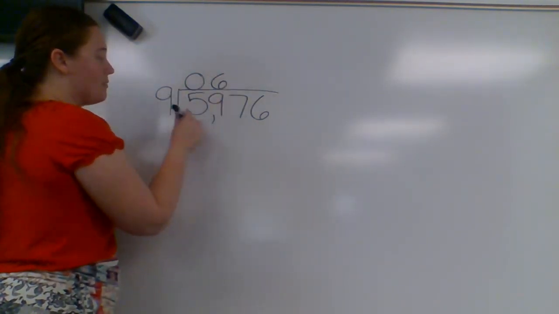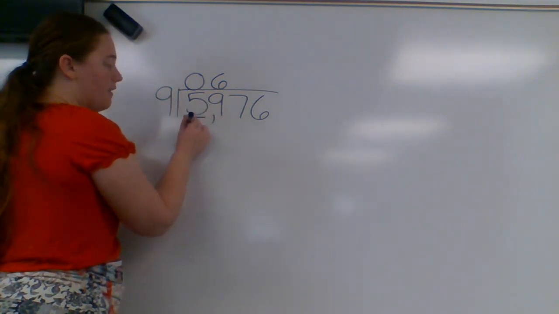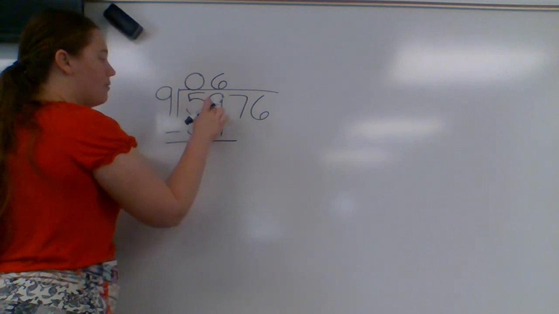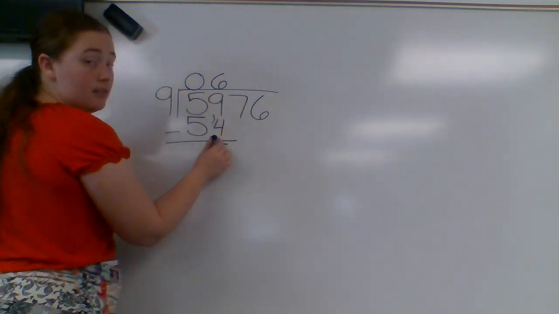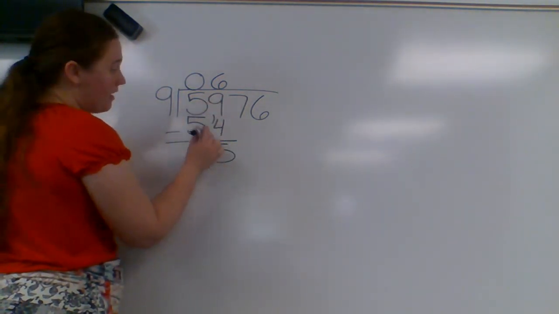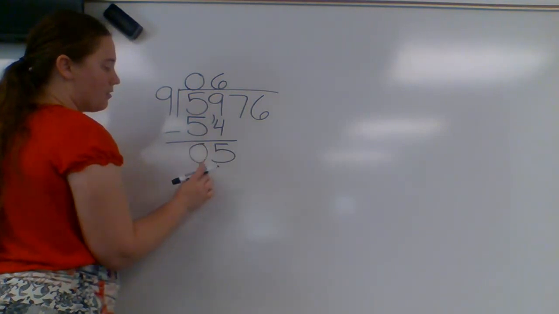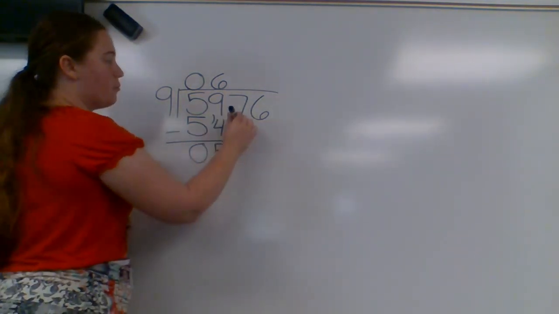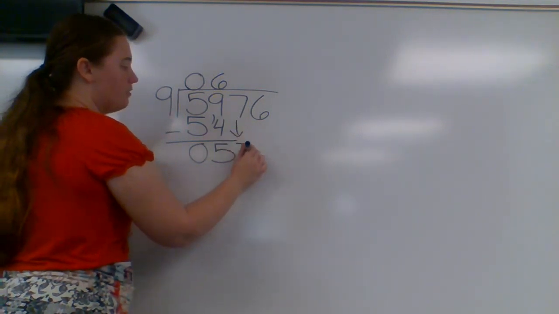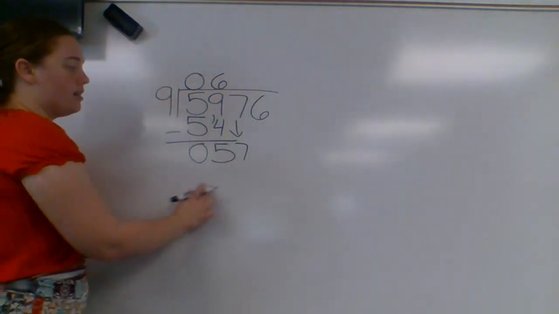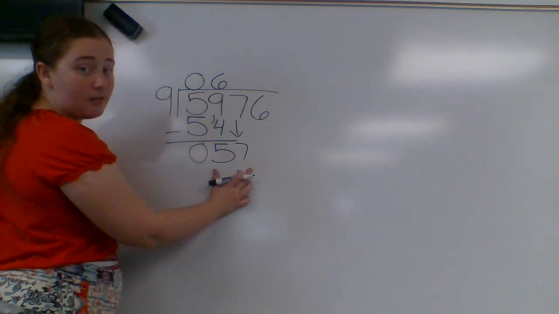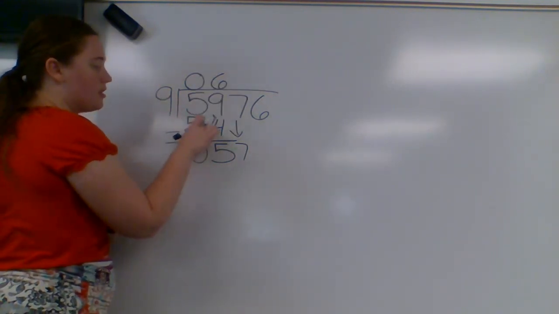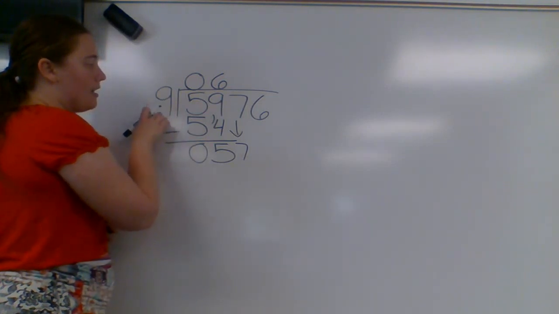And we said 6 times 9 is 54. Subtract. 9 minus 4 is 5. And 5 minus 5 is 0. 5 is smaller than 9. So we're going to bring down that 7. 9 will go into 57. How many times? I know that 6 times 9 is 54. We just did that down here.